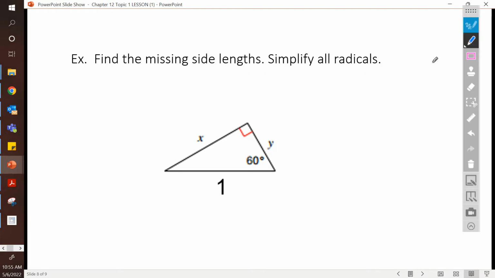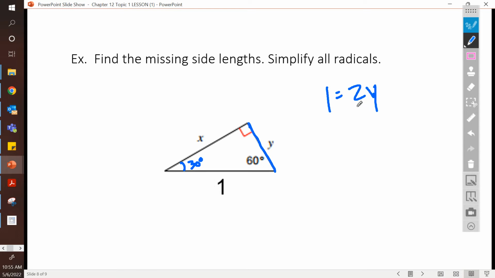All right, so these require a little bit more work because we have to set up at least two equations. So first we have to identify the short side. The short side is right here, y. So everything's going to be expressed as y. First of all, we know that the hypotenuse, which is 1, is twice the short side.